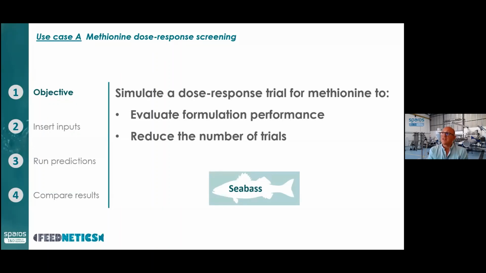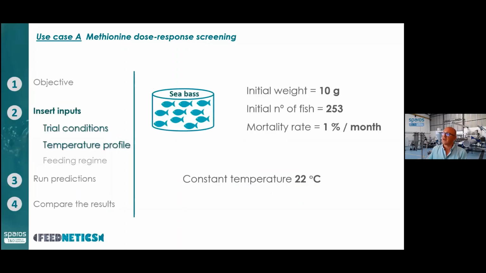So the first use case, the methionine dose response trial. We use the seabass as the model species, and we wanted to evaluate the performance and see if it was possible to refine the design of such a trial or reduce the number of trials.